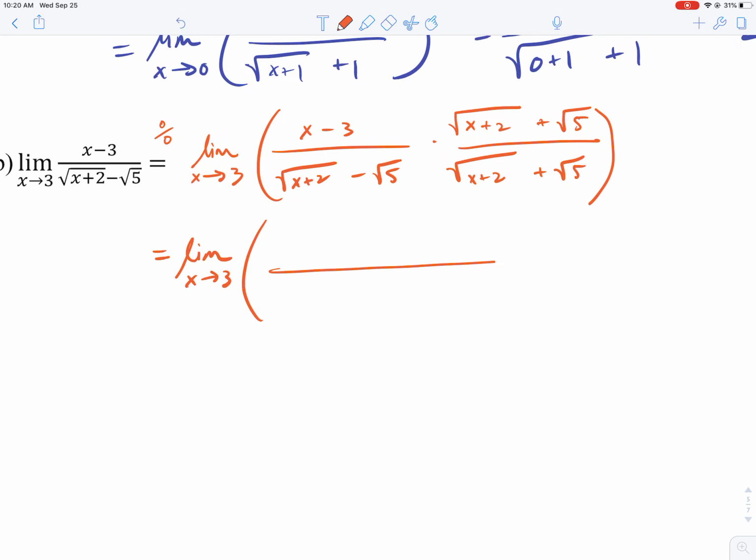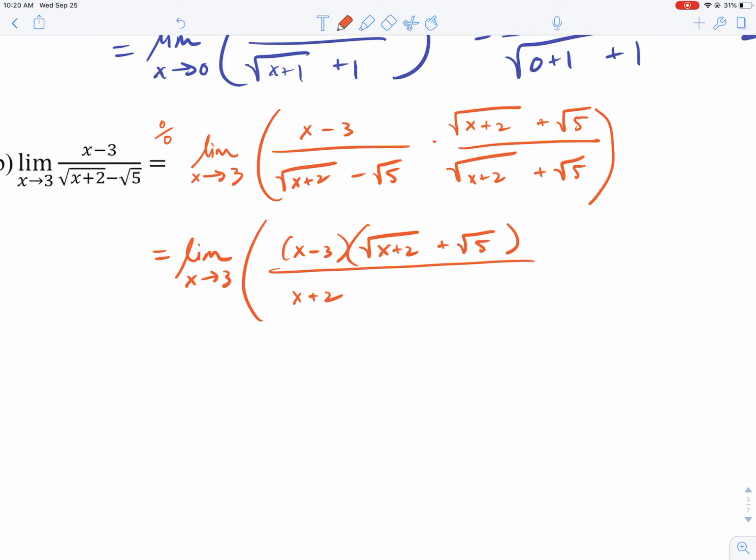Okay, because I'm trying to rationalize the denominator, I'm going to leave the numerator factored. And I can see that x minus 3 is what's causing the 0 in the numerator, so I leave it factored to get it to cancel. So when I distribute, that's going to be x plus 2. The root 5 times root x plus 2 will cancel with the negative root 5 times root x plus 2.